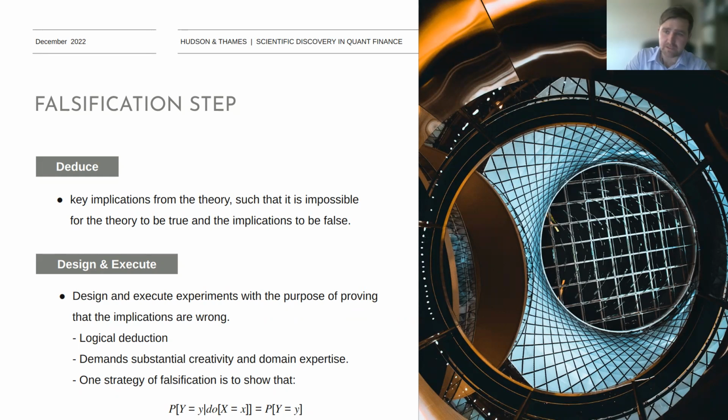And maybe the less profitable ones don't take this into account, while the ones that are more profitable actually prove your theory correct. So that's kind of the way in the falsification step that you want to actually check if your theory is true or not. Yeah.